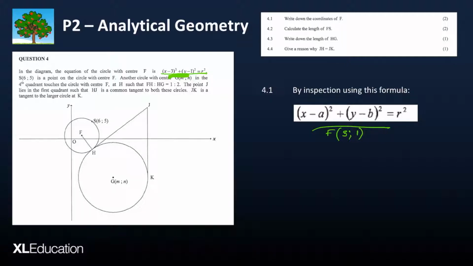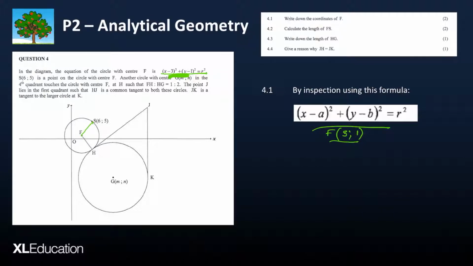Calculate the length of FS. FS is this. It's the radius of the small circle, and we know the coordinates of F, and the coordinates of S are given. So to find the distance between F and S, we simply use the distance formula.